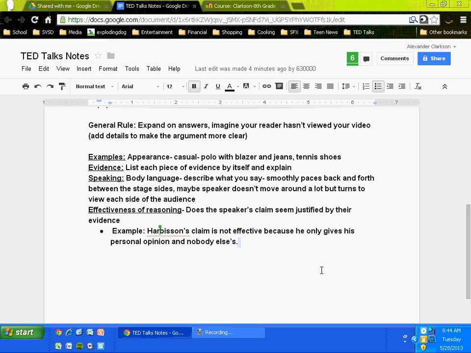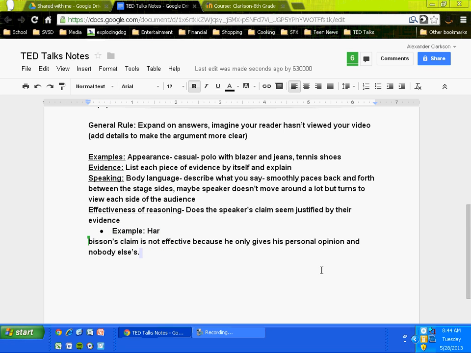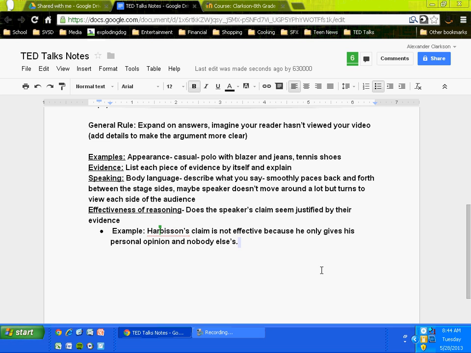And does that seem to be a flaw in his reasoning? Yeah, it seems to me to be a flaw in the reasoning. So if you pick out any flaws, and Lauren, you can add this too. In this section, identify any flaws in reasoning, such as facts that he or she ignored.